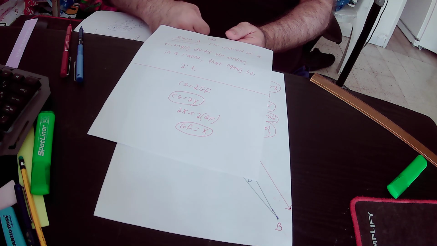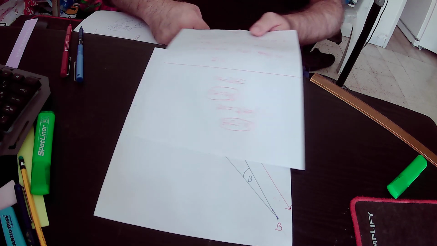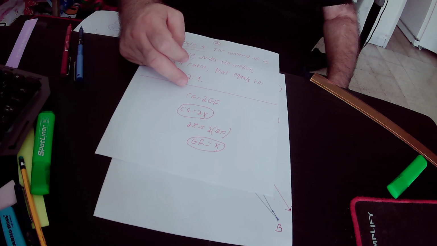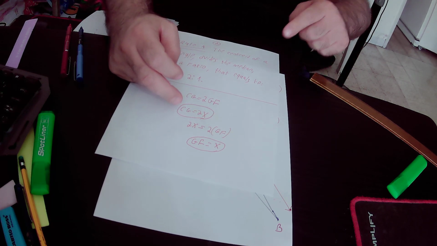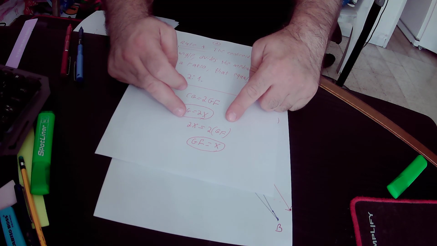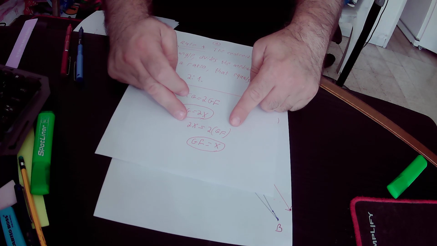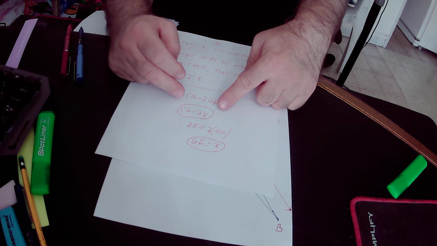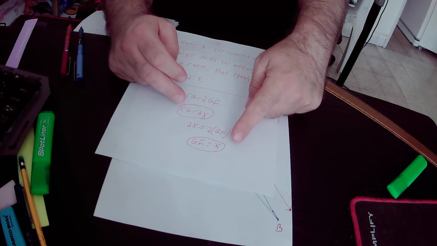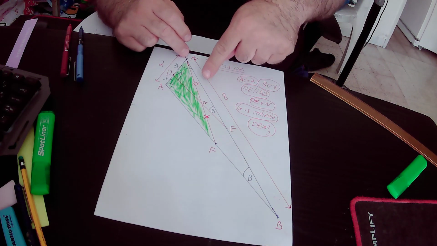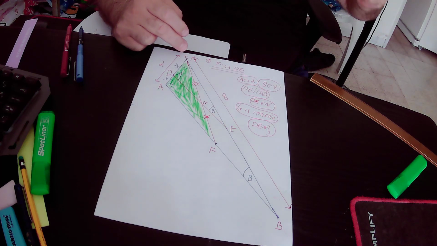If we define CG as 2x, then we can substitute CG by 2x and get that 2x equals 2 times GF. Dividing this equality by 2, we get that GF equals x. So we found that if CG equals 2x, then GF will be equal to x.